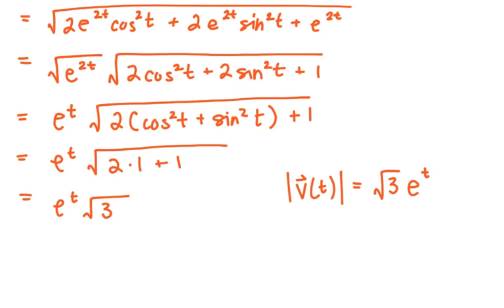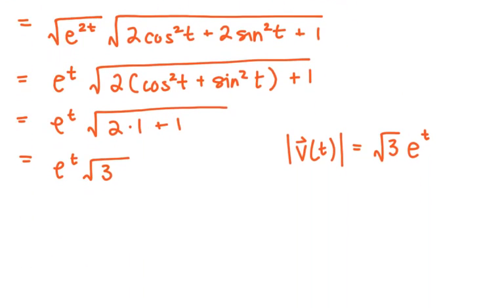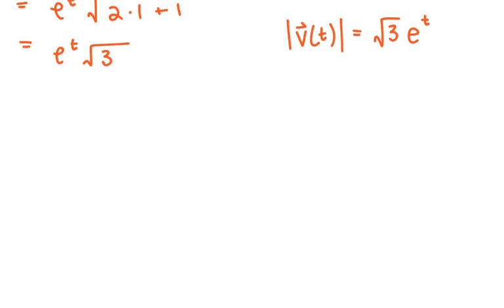Now, we're not done with the problem. I did a lot of algebra there for you. But if we go back up to the top and think about what we know we needed to calculate, we need to find s. So I'm just going to substitute tau in for t. The reason I'm using tau is because I already have a t in my bounds, and I can't substitute a t into a t. So we're just using this intermediate variable to help us.